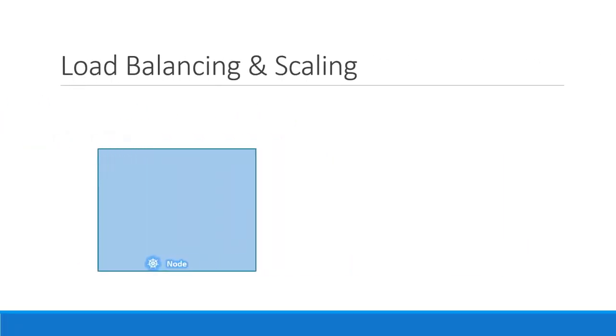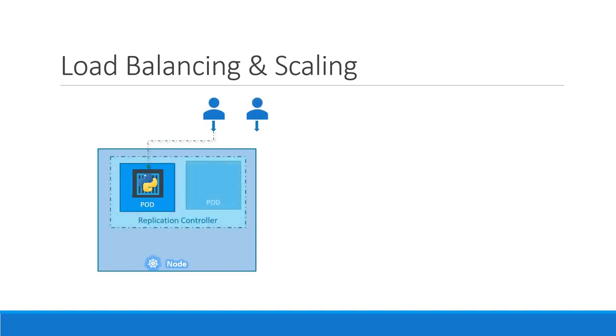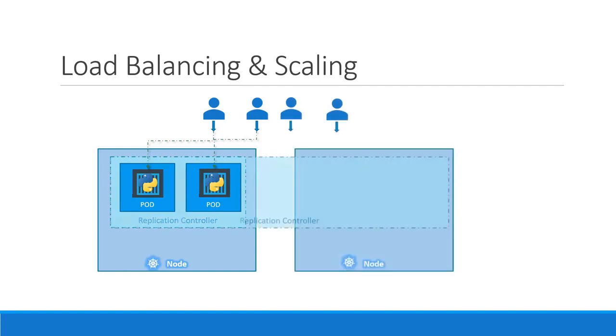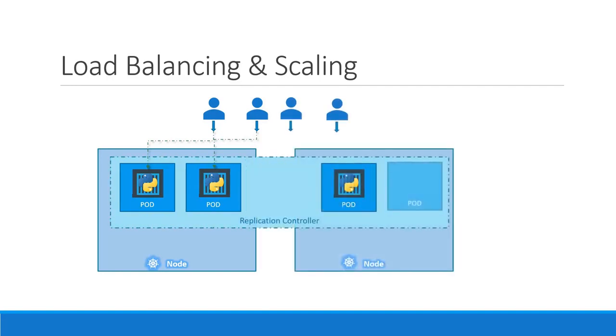Another reason we need a replication controller is to create multiple pods to share the load across them. For example, in this simple scenario, we have a single pod serving a set of users. When the number of users increases, we deploy an additional pod to balance the load across the two pods. If the demand further increases and if we were to run out of resources on the first node, we could deploy additional pods across the other nodes in the cluster.